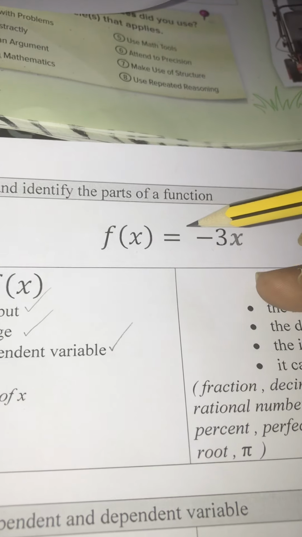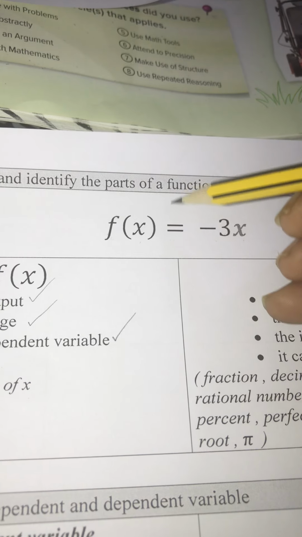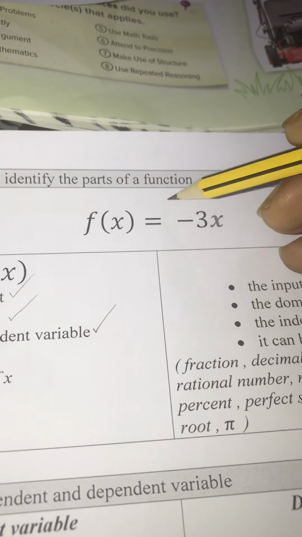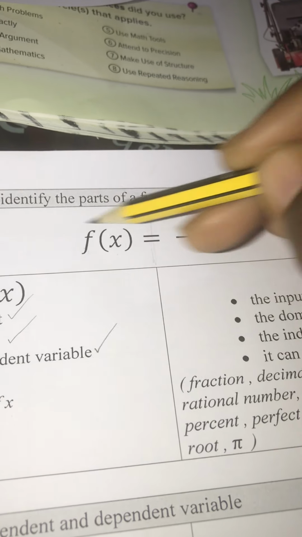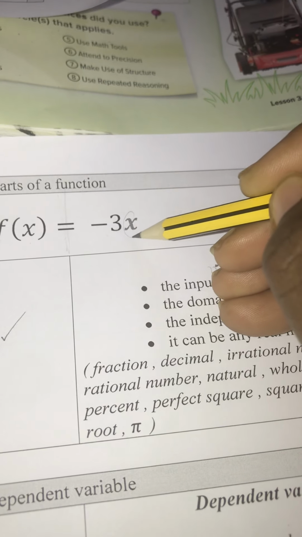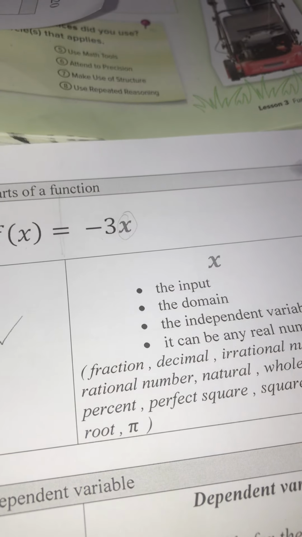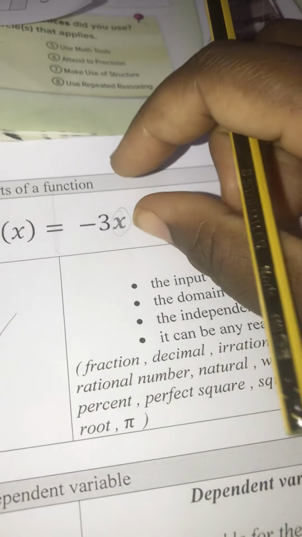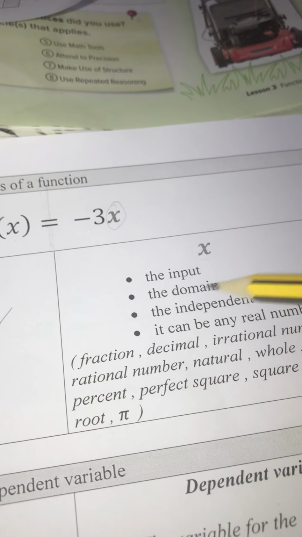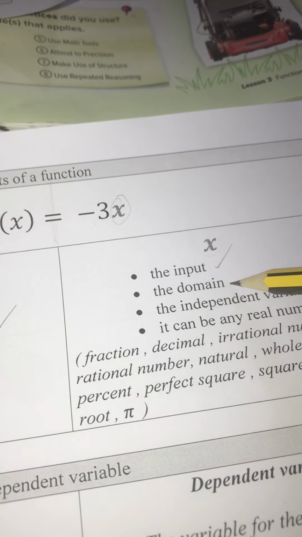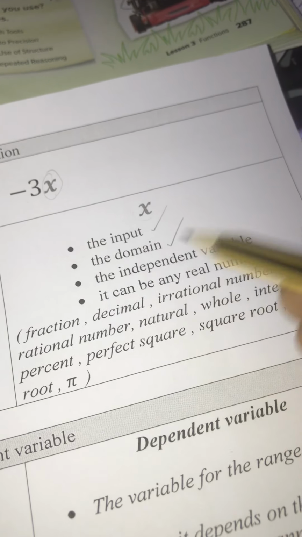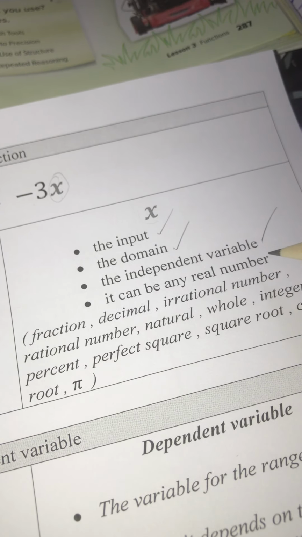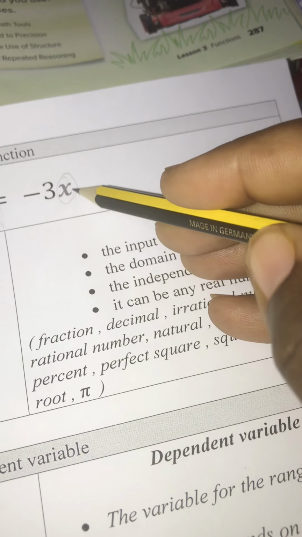Now, remember, this is your function. This is the output. This is the input. You are here in the middle. This is your bridge. Output, input. Okay? Now, this part of the equation, so the x, the one that you replace, that number you put over here for x, we are calling that the input, or we are calling that the domain. Then the independent variable, and it can be any real number.